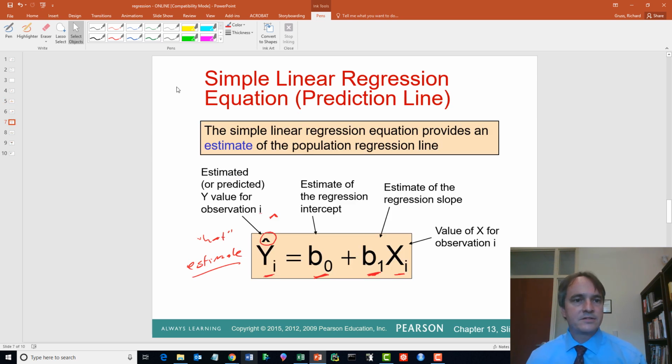And this is what we're actually going to come up with. So it all comes down to, we need to have an estimate of the intercept and an estimate of the slope. And once we have those two things, then we can do our prediction. But by writing it this way, we are acknowledging that this is just an estimate.